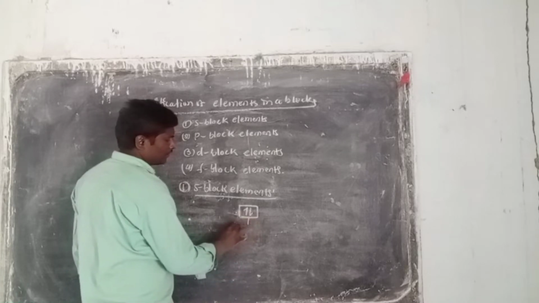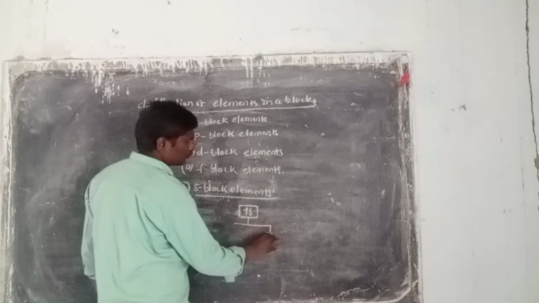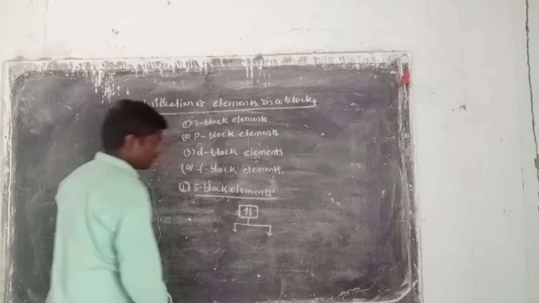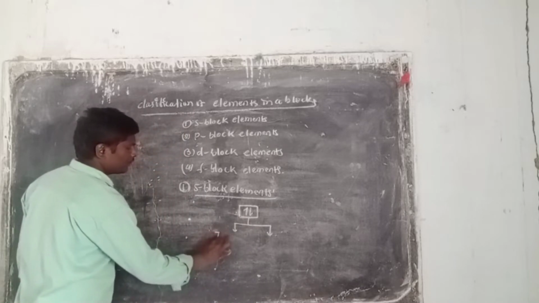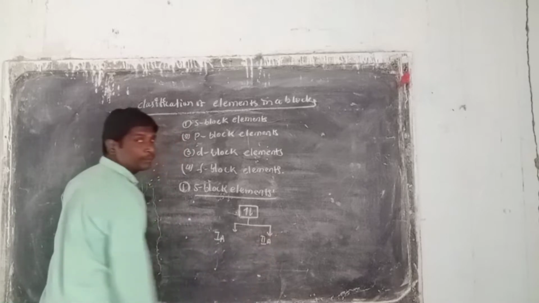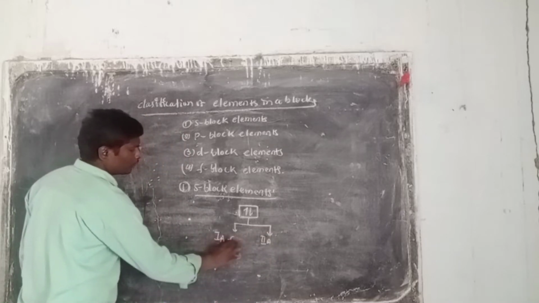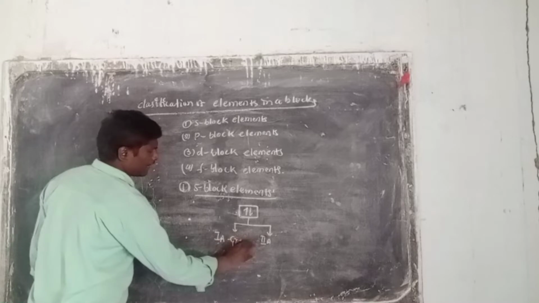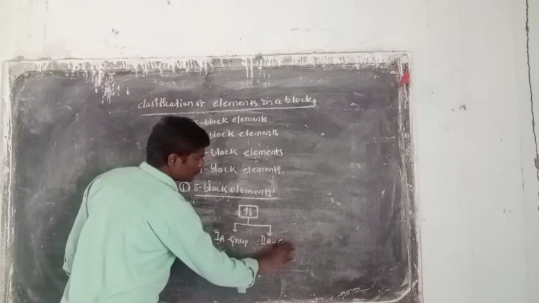Further, s block elements are classified into 2 groups: the first A group and the second A group.